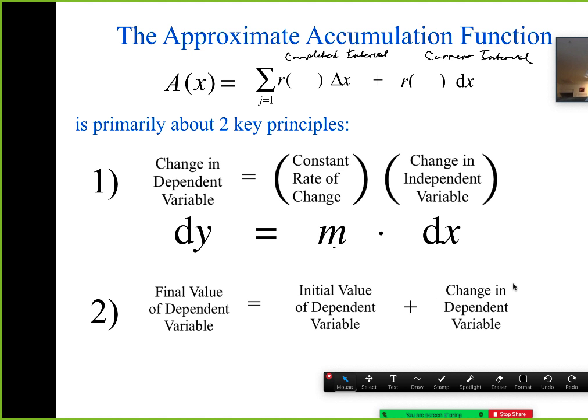Final value equals initial value plus change. Final value of dependent equals initial value of dependent plus change. All right, how does this show up in the approximate accumulation function?